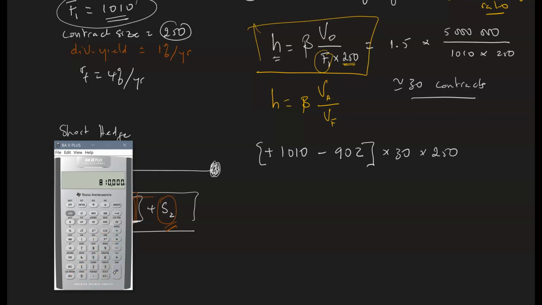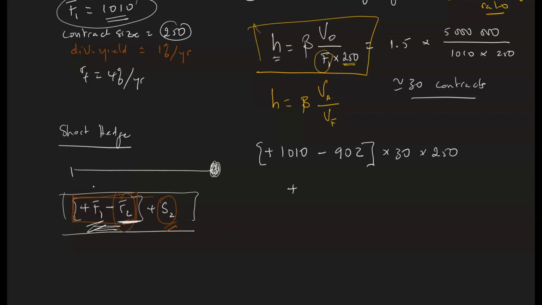So altogether, we're having a profit on our futures contract of about 810,000. This is what our futures contract led to. That would be F1 minus F2. So we're good with this. We're done with this portion.